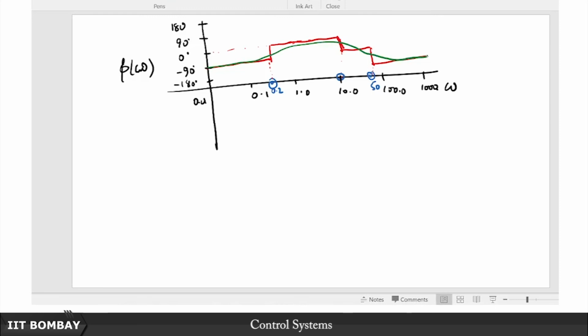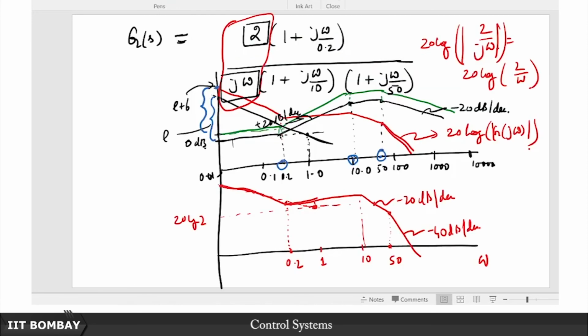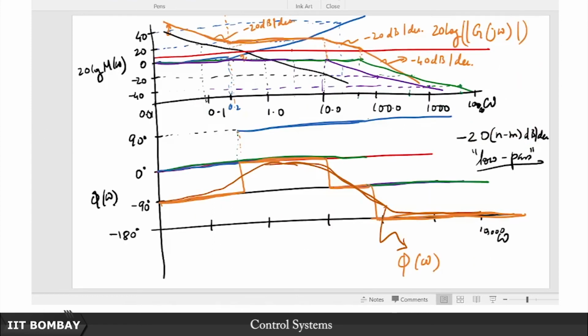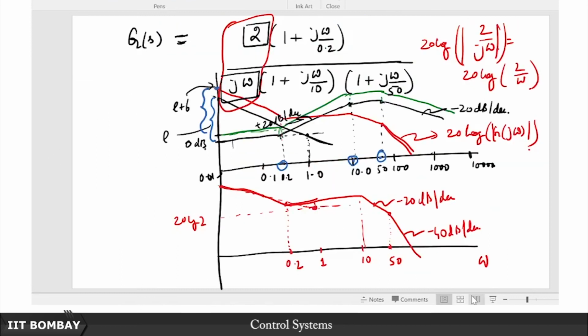So you see, this phase plot and this magnitude plot, the idea of this extended discussion was to convince you that this initial plot, even though after all it is just a sum of few constituent blocks, might seem very congested and messy, but at the end the observations that helped us piece this together told us that all you need to bother with is to draw the break frequencies.